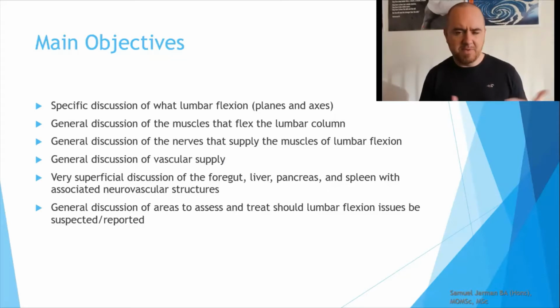Then we'll have a general discussion of the areas to assess and treat should lumbar flexion issues be suspected or reported. Now, again, because this is more appropriately termed torso flexion, a lot of that will be repetitive with respect to the thoracic flexion and thoracic side bending and rotation modules.